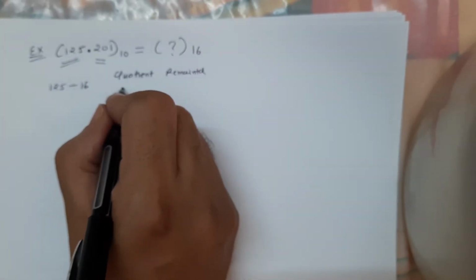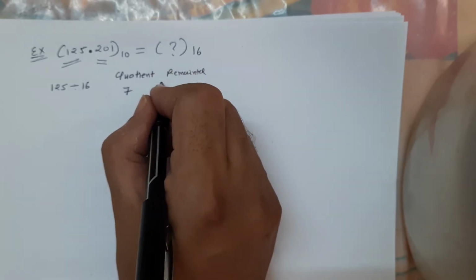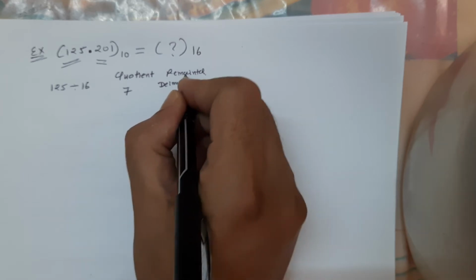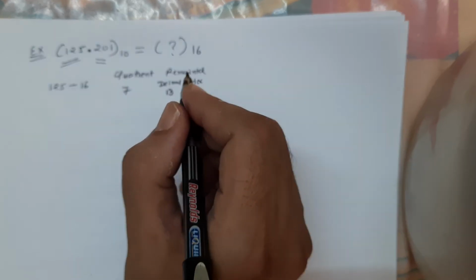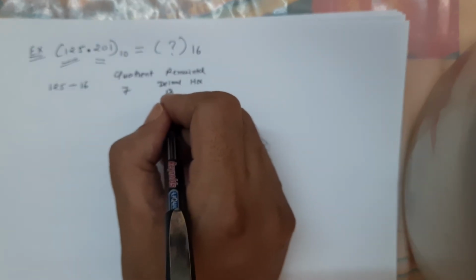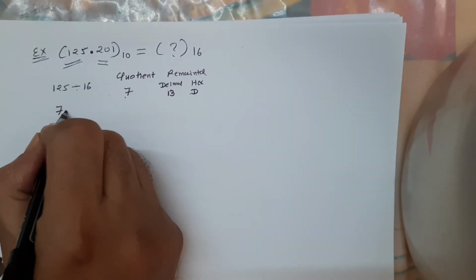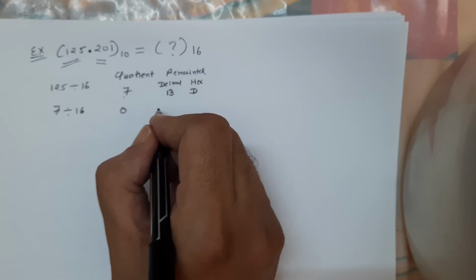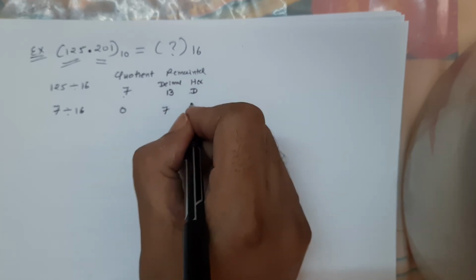The quotient is 7, the remainder is 13, right? But this 13 in the form of hex is equal to D. Same way, this 7 is again divided by 16, then the quotient is equal to 0, and the remainder is equal to 7. But in the form of hex, it is again 7.